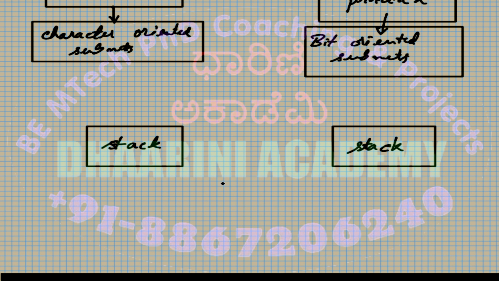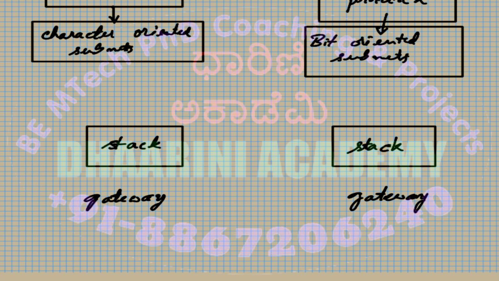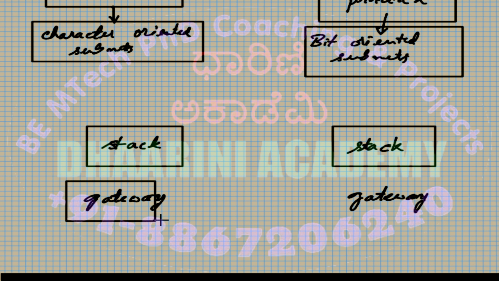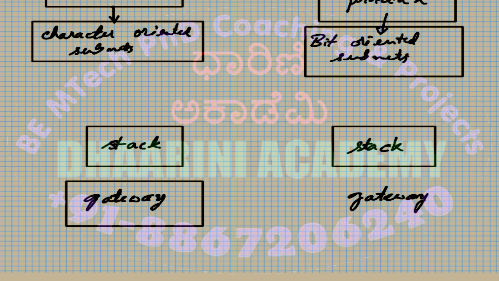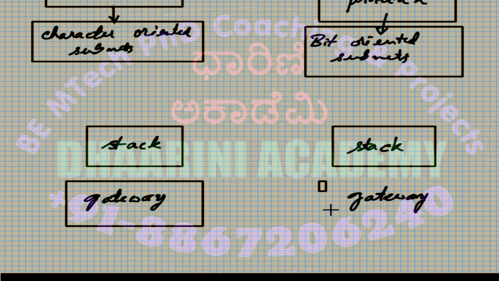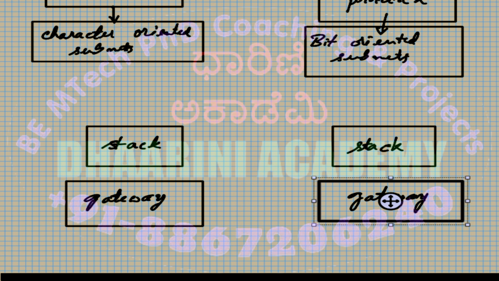For that reason, you will have a gateway on both sides. So irrespective of what type of protocols you are using, your architecture remains pretty much same, right?